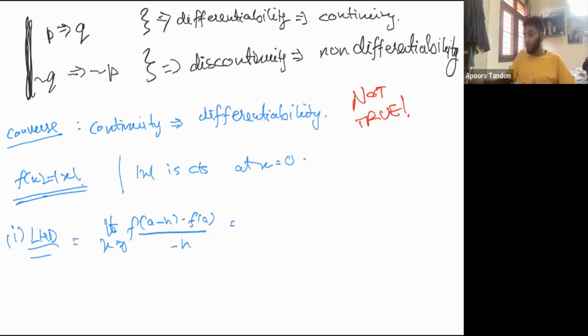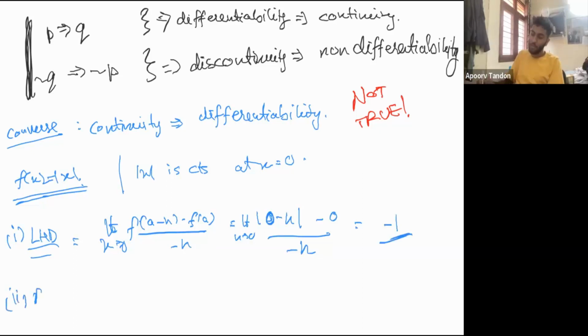Substituting the value of f of x, we get the limit as h tends to 0 of modulus of 0 minus h, because the a we're talking about here is 0, minus mod 0, divided by negative h. Modulus of negative h is absolute value of h, divided by negative h, which is -1.